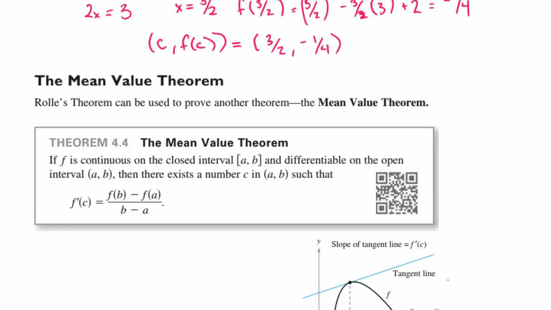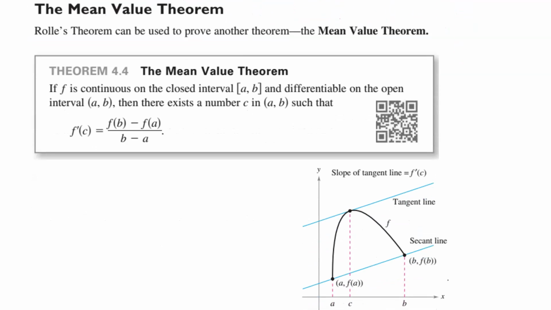Cool. Moving on to the mean value theorem. This uses our endpoints to also talk about the derivative at a point for a function that's differentiable, or you can take the derivative of everywhere between those endpoints.